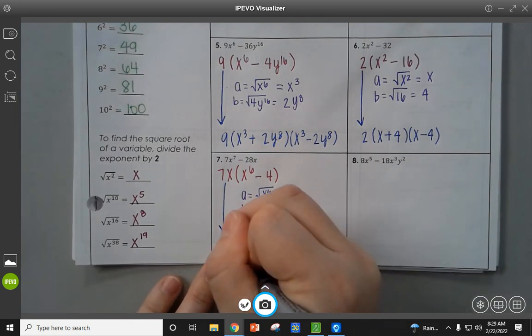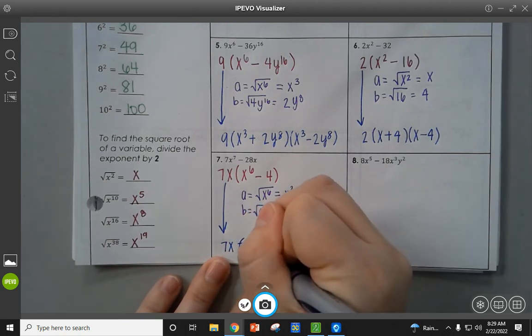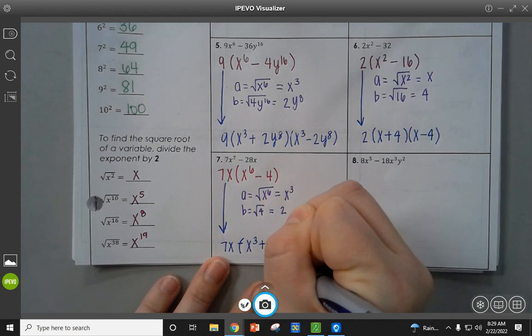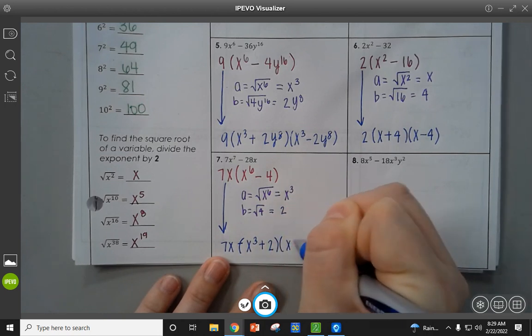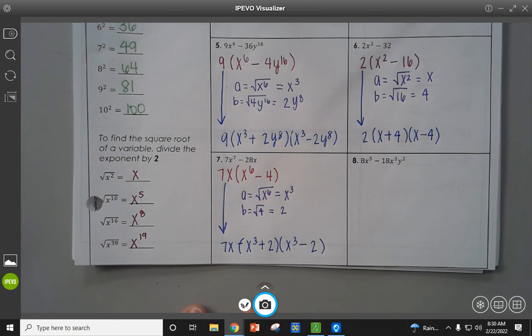So the final answer, we bring down the 7x, and then it's x cubed plus 2, x cubed minus 2. I want you to try number 8 on your own.